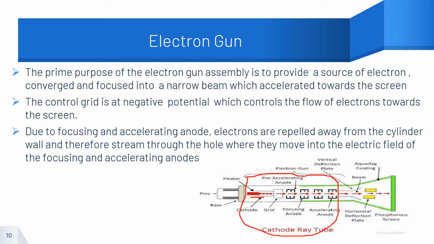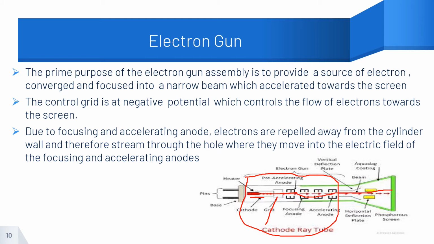The prime purpose of the electron gun assembly is to provide a source of electrons converged and focused into a narrow beam which is accelerated towards the screen. The control grid is always at negative potential, which controls the flow of electrons towards the screen.